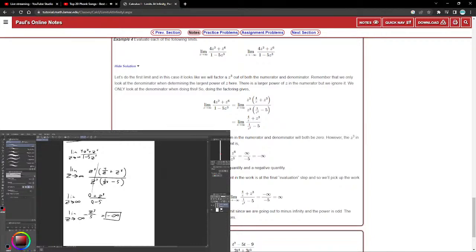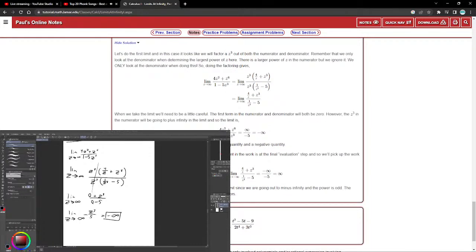Now let's take a look at the second limit. Note that the only difference in work is the final evaluation step, so we'll pick up the work there.